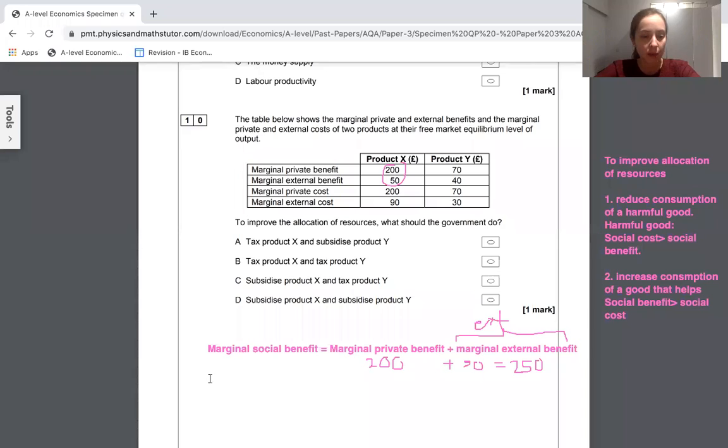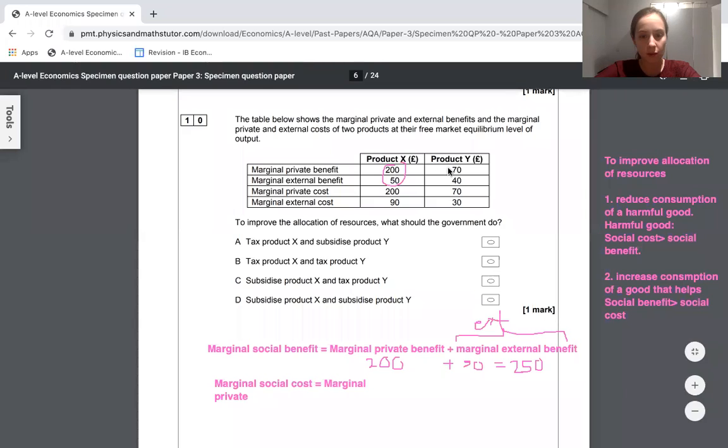But to work out how much it's costing, go through the same process. Right, so for costs, marginal private cost plus marginal external cost.